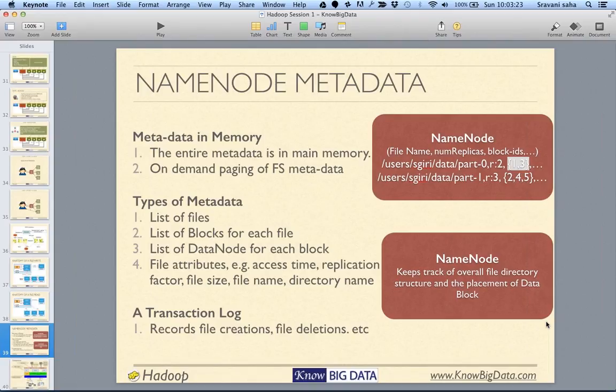So it shows that 1 comma 3 means this part is copied to data node 1 and data node 3, and so on. Instead of 1 2 3, it will be the domain name of the data node. Right. Okay, so it's the respective location on the disk or on the network.